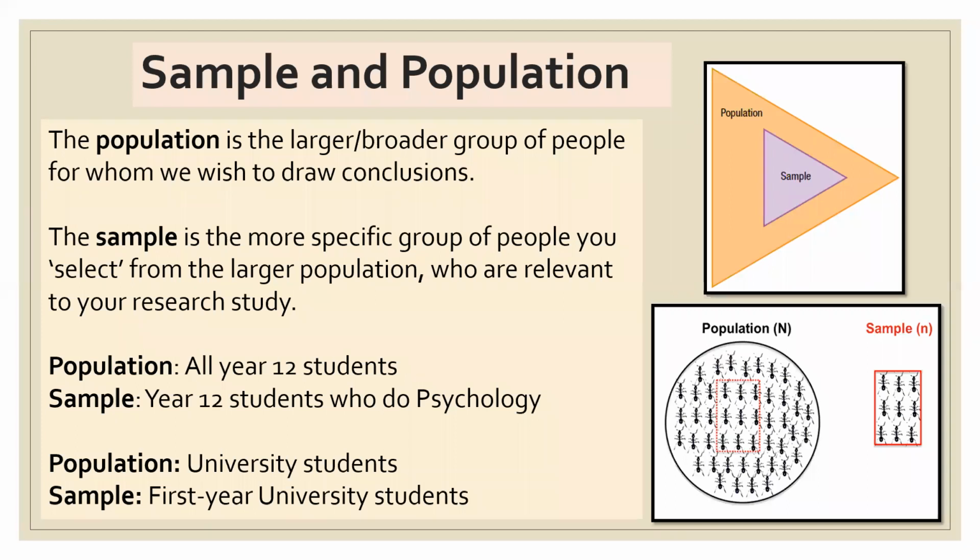One of the reasons the sample has to be taken from the population is that if our results turn out to be really reliable and strong, I can then make a generalization to the population.